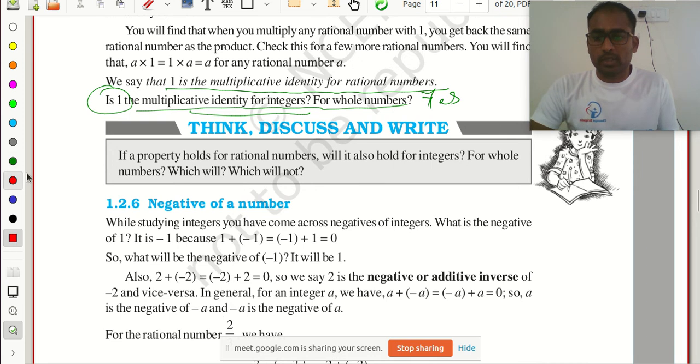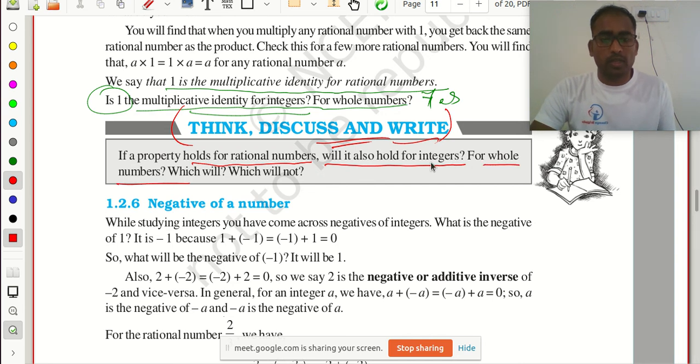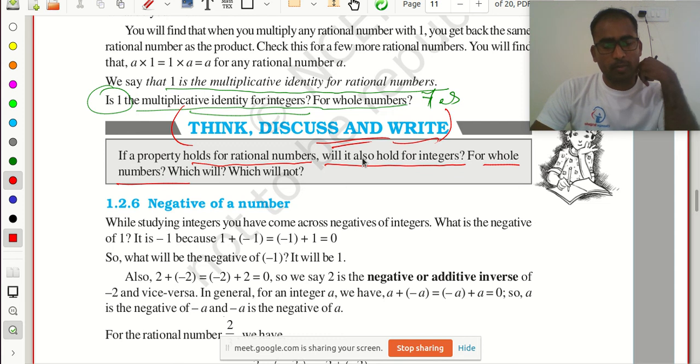Yes. Next, think, discuss and write. If a property holds for rational numbers, will it also hold for integers and whole numbers? Suppose a property holds for rational numbers, is there any rule that it has to hold for integers and whole numbers? No, there is no such rule.